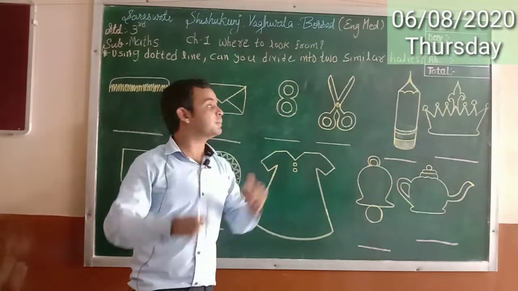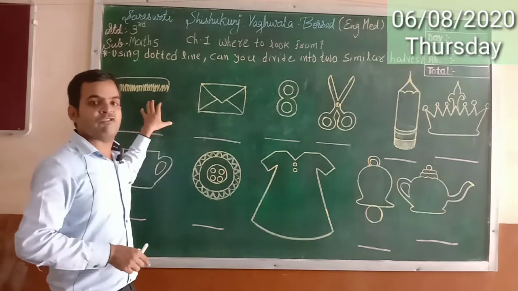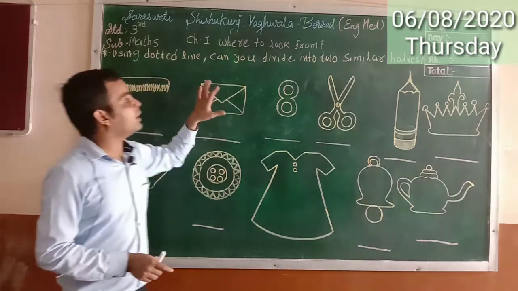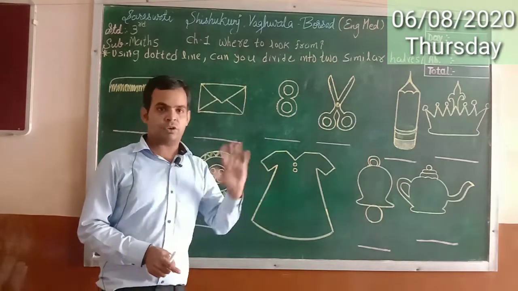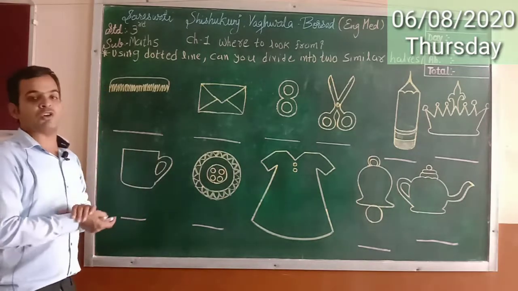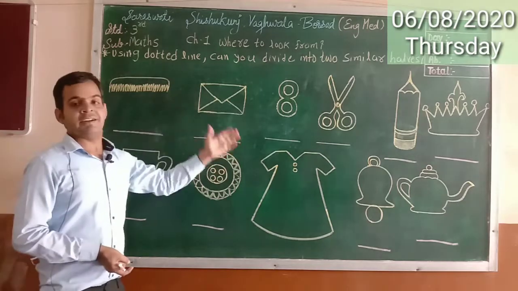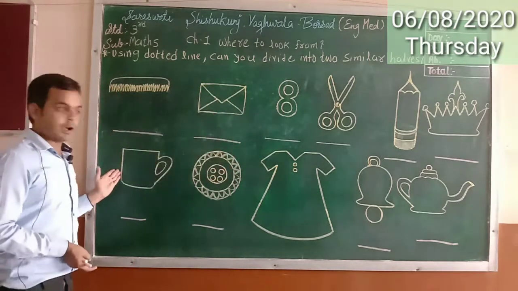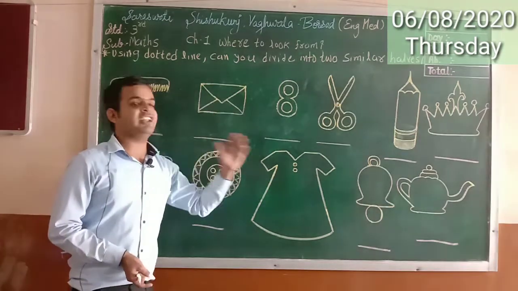Using this definition we have to start solving these figures. Here we have to find whether these figures are similar halves or not. So now let's start. Here you can see the pictures of a comb, envelope, number 8, scissors, pencil, crown, cup, button, frock, bell and teapot.